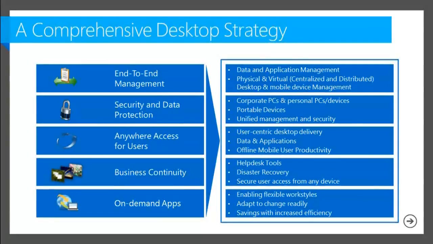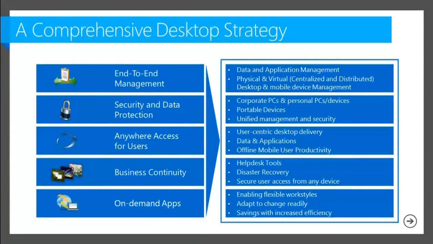So that means you need to think about end-to-end systems management, not just around the desktops themselves, but about the underlying infrastructure and managing across your traditional desktops that are in your environment, as well as the new virtualized desktops and applications. You also need to be thinking about security and data protection, because now all those desktops are not just physically bound on a single device, but they're going to be accessed over the network.